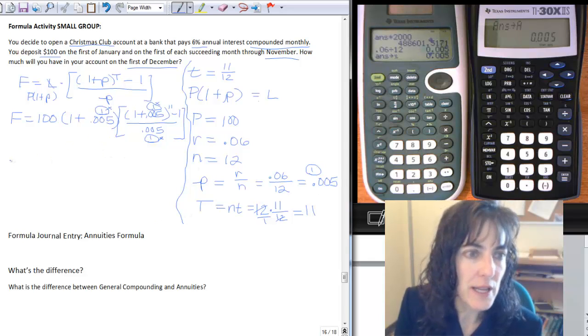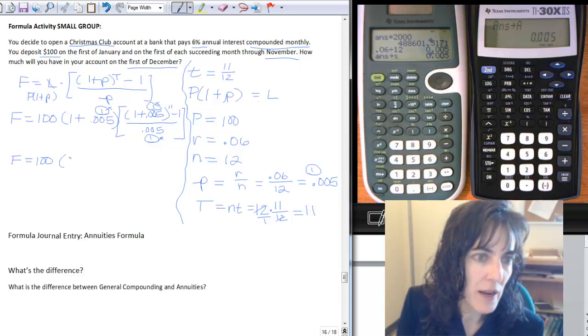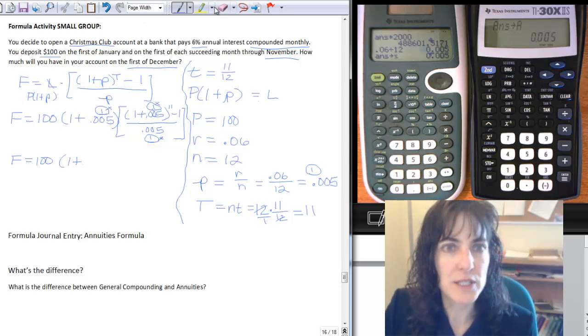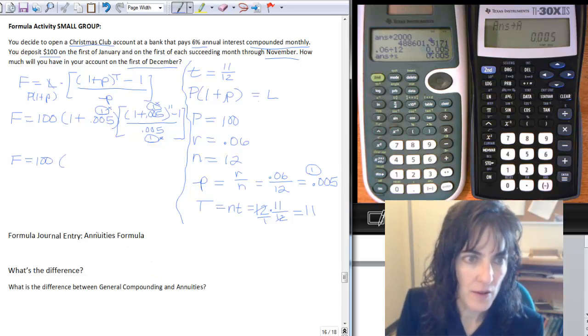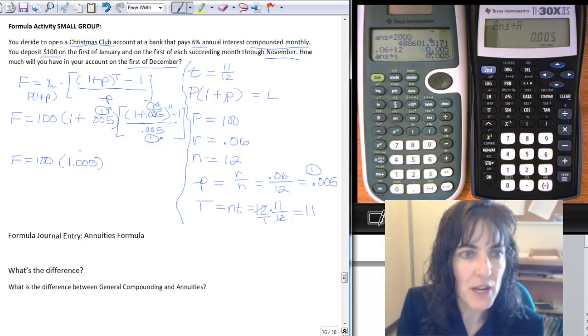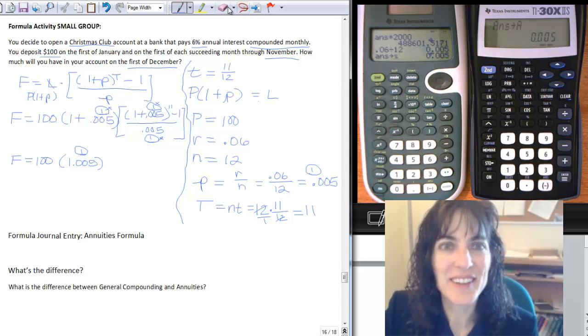Okay, so the next thing I want to do is see what I can simplify here. I have F equals 100, and then I have 1 plus 0.005, which I can actually add those two together. And since I'm not using the P anywhere specifically, I might just want to store this in bin 1 instead, because, oh no, I do use the P somewhere, never mind that.